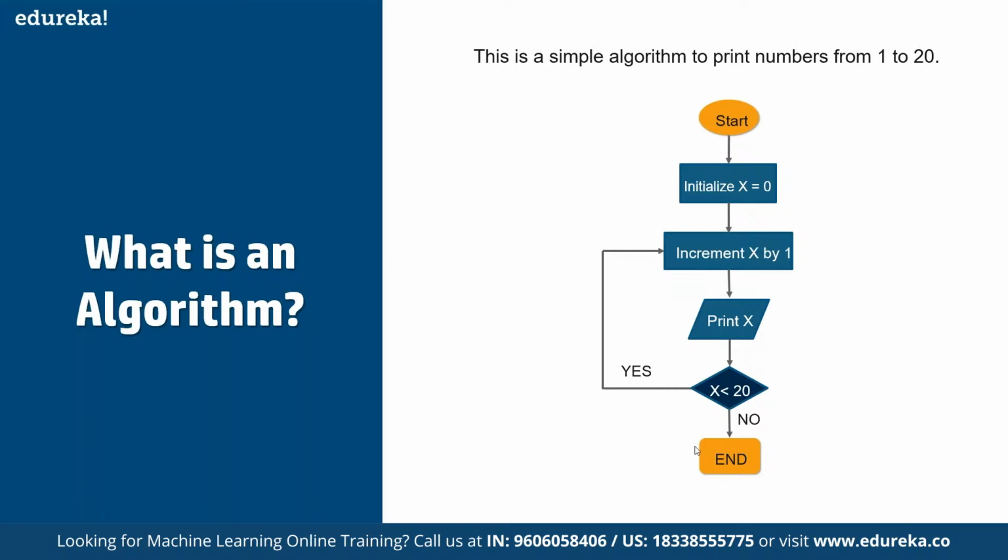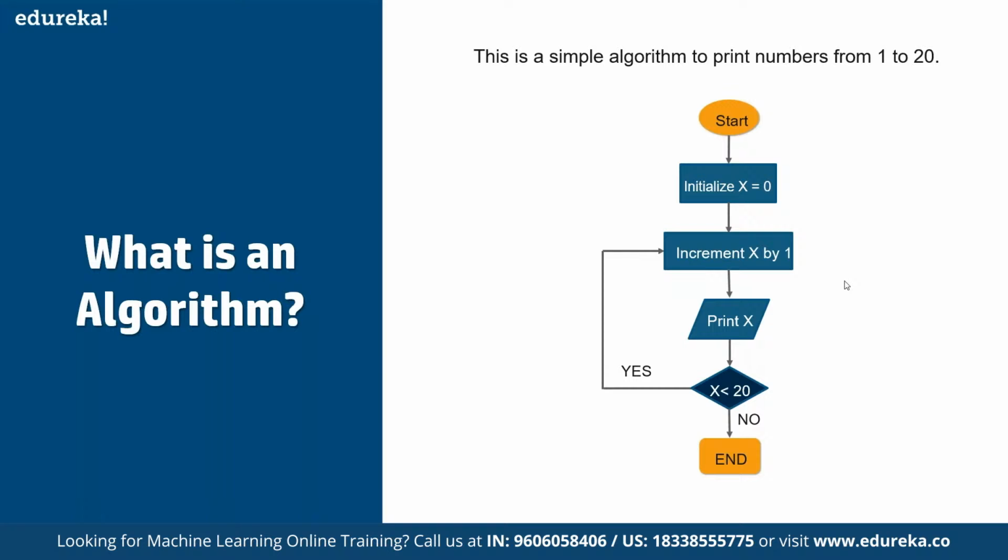This keeps going on and on until x becomes equal to or greater than 20. And if it is not less than 20, then the entire program ends, as a complete given sequence of what we do as part of the algorithm. All right, so that exactly is what a complete algorithm is.